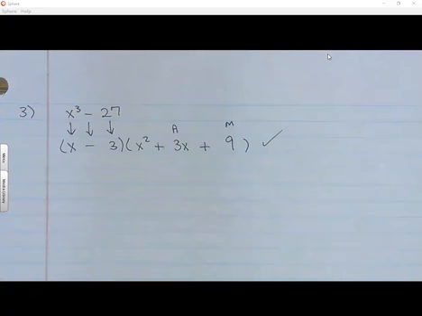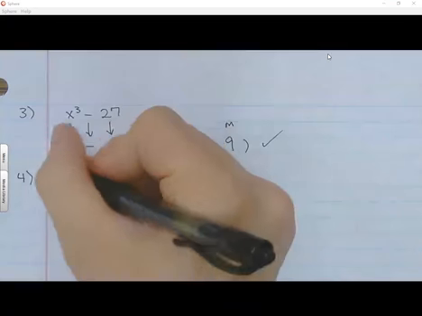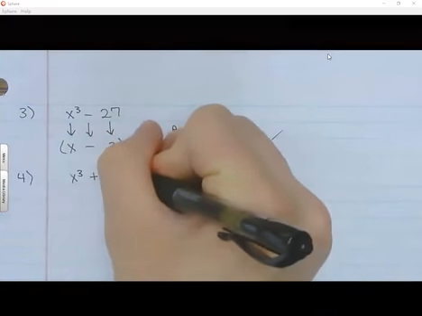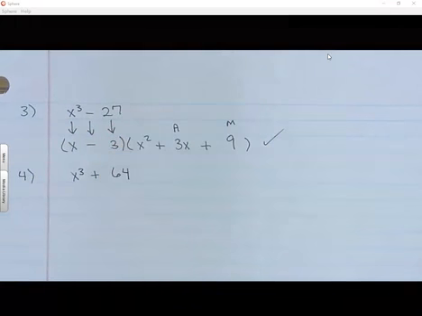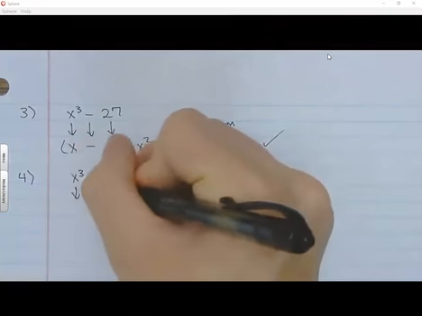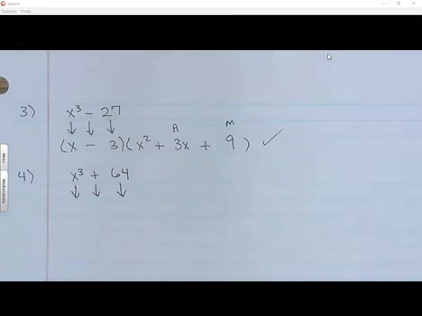Let's try number 4. Okay, 4 says x cubed plus 64. Let's try this one. All right, so let me draw my arrows. And I'm pretty much going to draw arrows from everything this time. And let's figure out what the short factor is going to be.